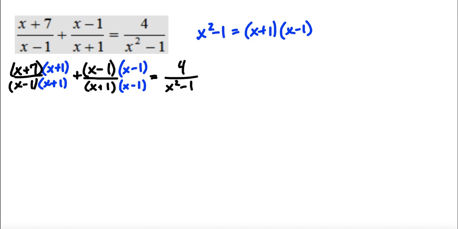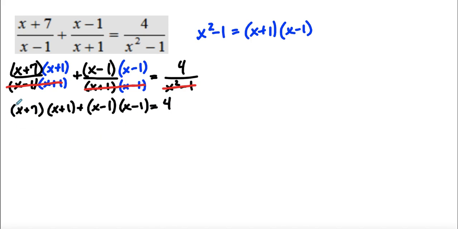I'm ready to cancel out the denominators because they all have x plus 1, x minus 1. So I'm going to cancel those out, and now I'm going to have x plus 7 times x plus 1, plus x minus 1 times x minus 1, equals 4.